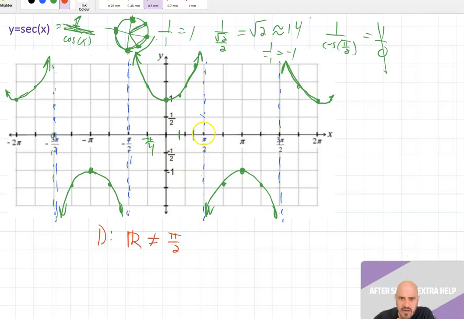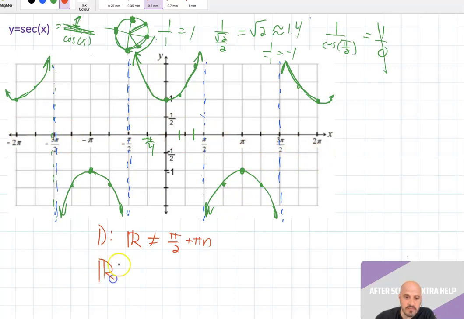So if I start at pi over 2 being bad, how much to get to the next bad place? Well, that's a distance of pi, right? If these are fourths, 1/4, 2/4, 3/4, 4/4, right? Pi distance. So plus any multiple of pi again, right? Can't be here and can't be here or back here, and so on and so forth. So that's your domain. You can put in any x value, any angle except for those.